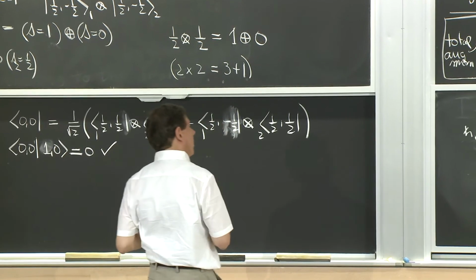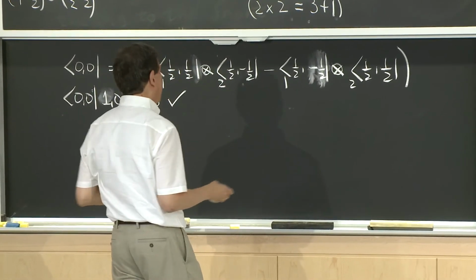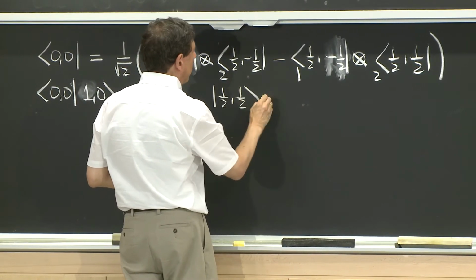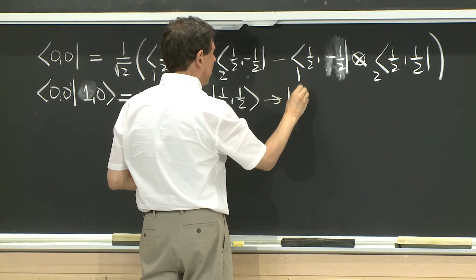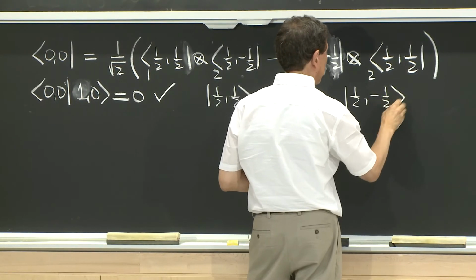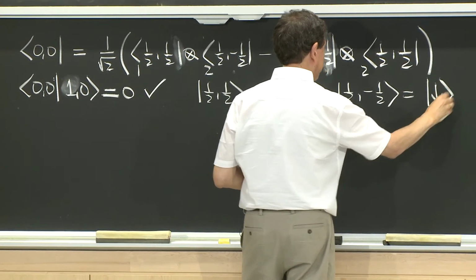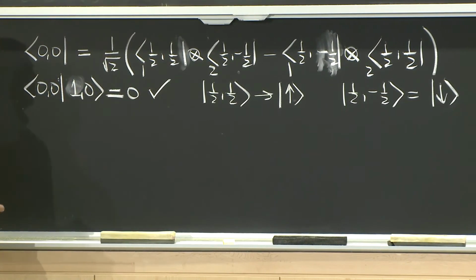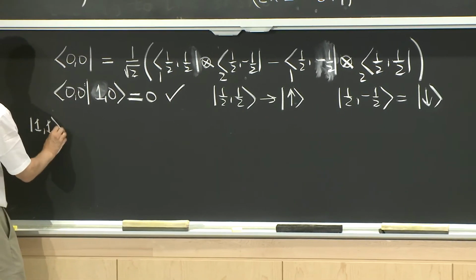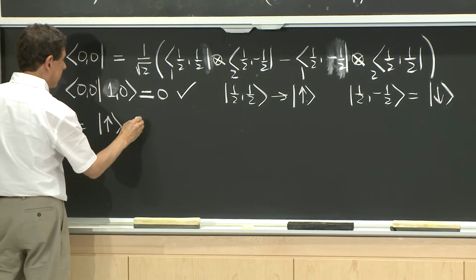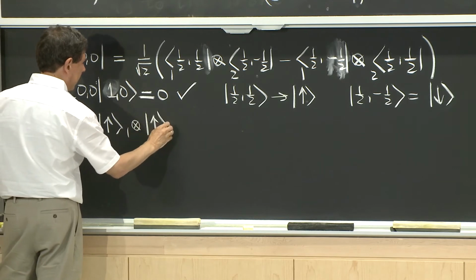To do that, let's streamline our notation, in which 1/2, 1/2 will be represented simply as an arrow up, and 1/2, minus 1/2 would be represented as an arrow down. In that notation, the state 1, 1 would be arrow up for the first Hilbert space, tensor arrow up for the second Hilbert space.